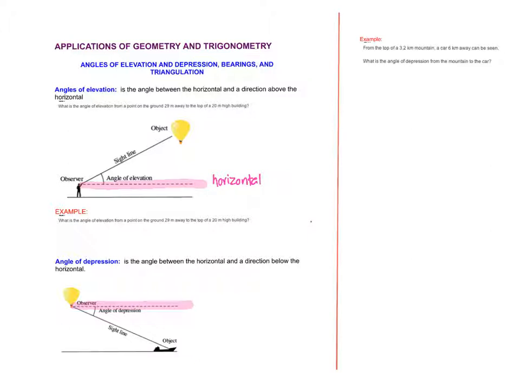You go from the object you're talking about and you go straight out as a horizontal line. Then when they measure the angle, they're going up from that, up till you get the line that's joining the two objects together. Down here you can see the line joining the two objects together. The angle of depression is going from that horizontal line down to that.